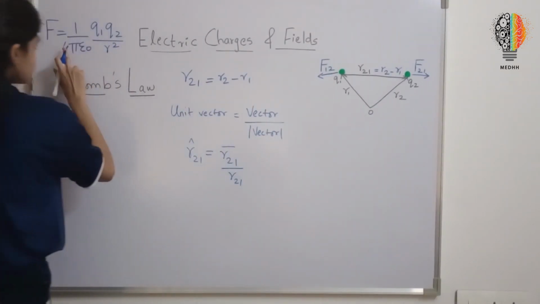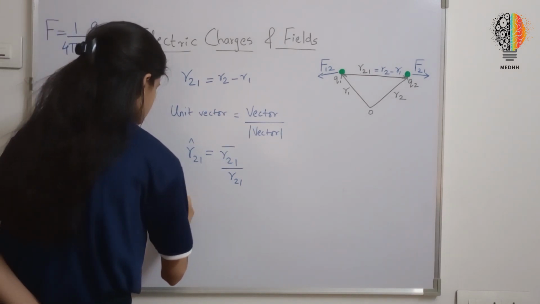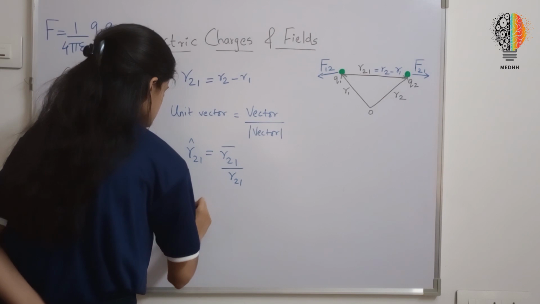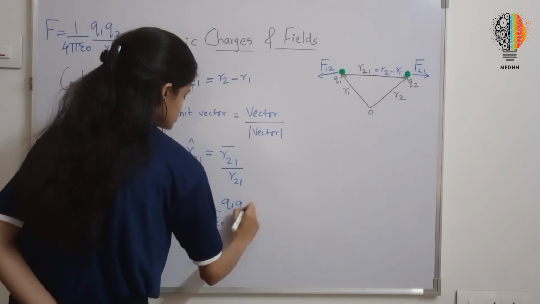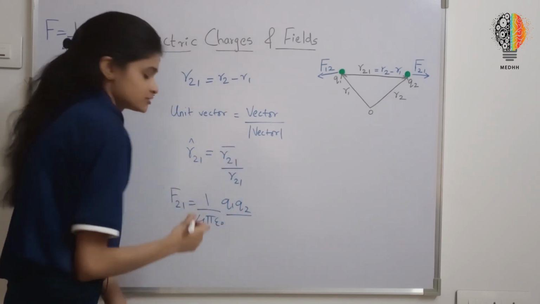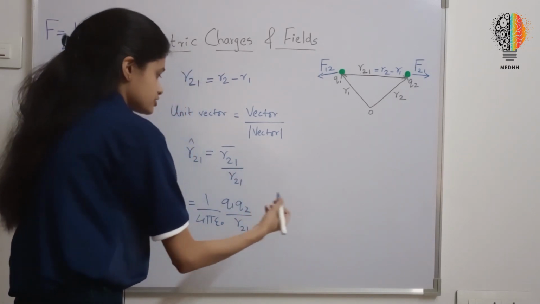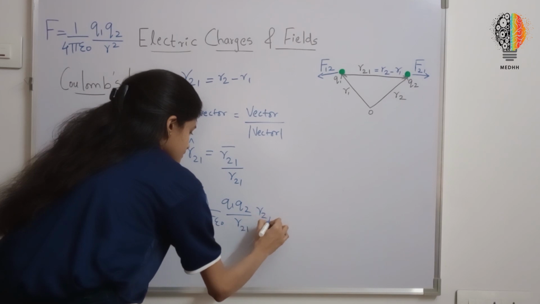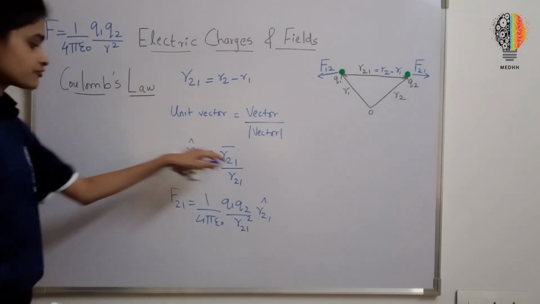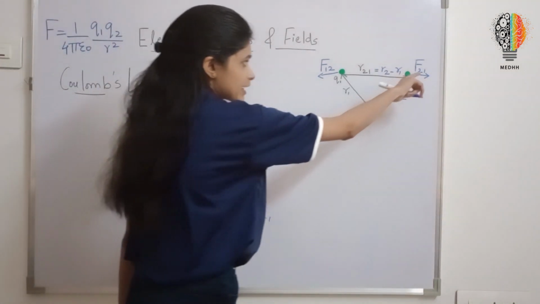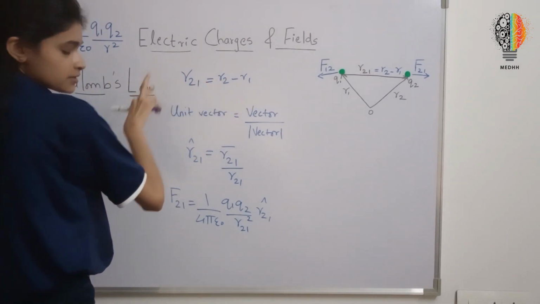Now we'll substitute this. F21 is equal to 1 by 4 pi epsilon naught Q1 Q2, which will remain the same, only the distance will change, right? So it will be R21 cap upon R21 square. So this is for F21. Similarly, we can write for F12. It's the same, only the numbers will interchange.